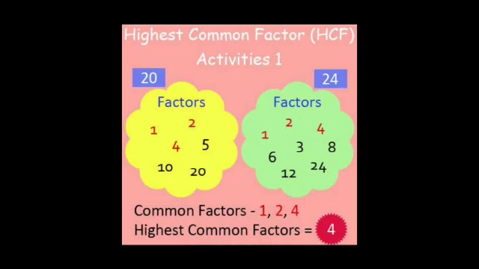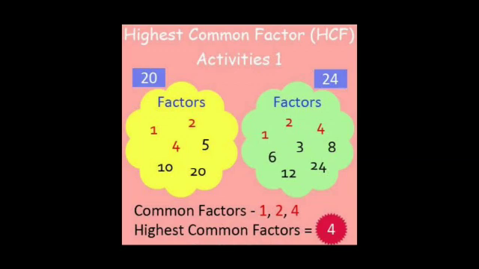Factors of 20: what are the numbers you have written there? 1, 2, 4, 5, 10 and 20. Then 24, its factors: 1, 2, 3, 4, 6, 8, 12, 24.